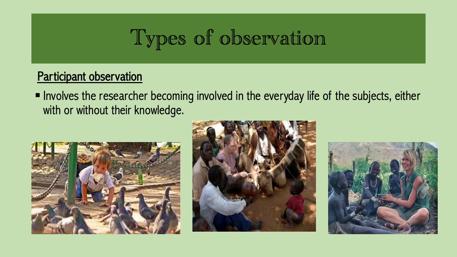So the difference is, in participant observation, the researcher is there and is involved with them. Hence, that's why it is called participant observation, because the researcher is involved in the life of the subject while observing them. Okay? So the 3 types of observation that you need to know with their definitions: naturalistic observation, controlled observation, and participant observation. Okay?